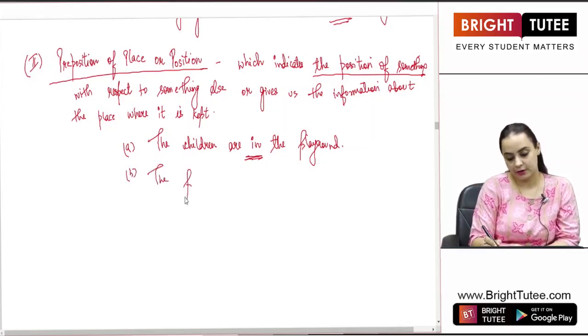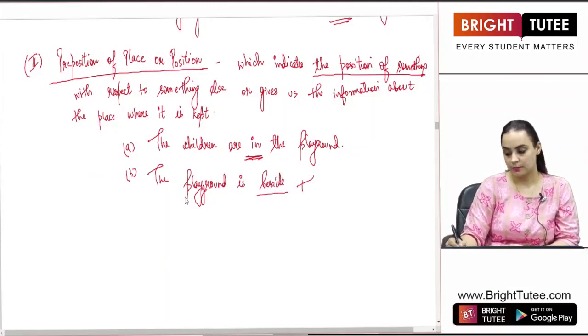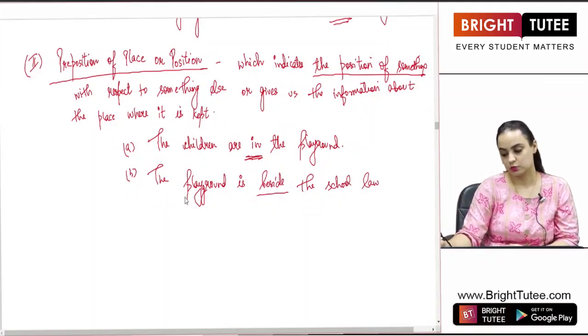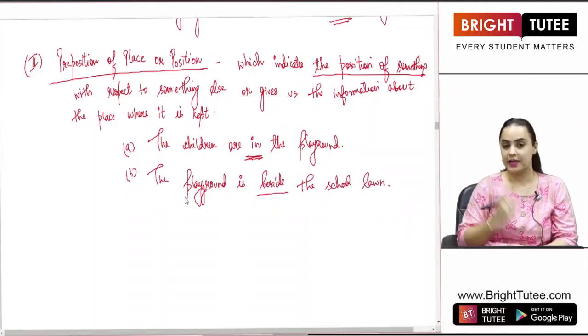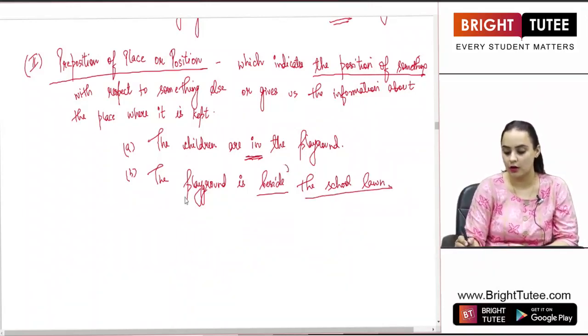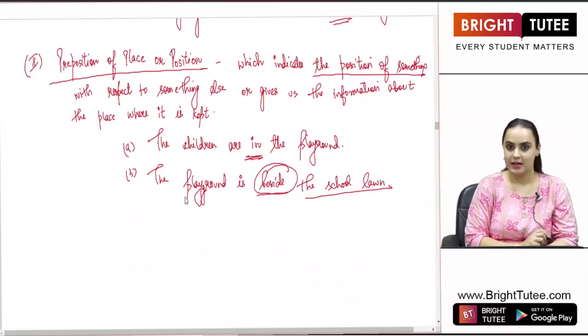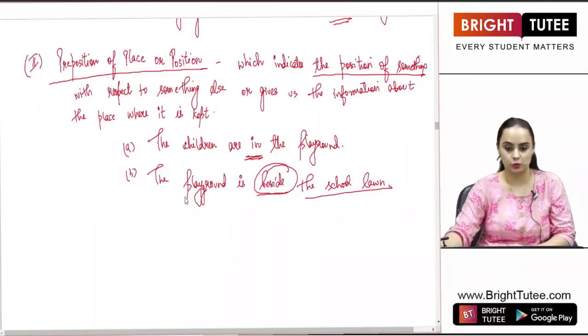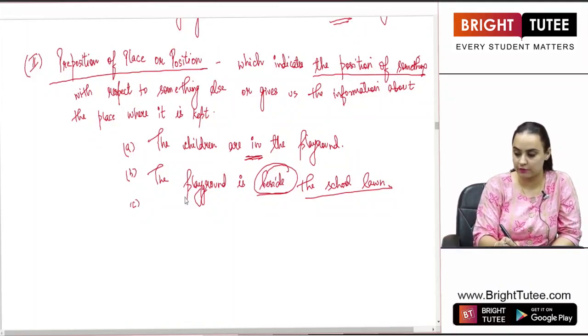The playground is beside the school lawn. So what is the place of the school lawn? Beside, right? So the playground is where? It is beside the school lawn. So this is my preposition of place.